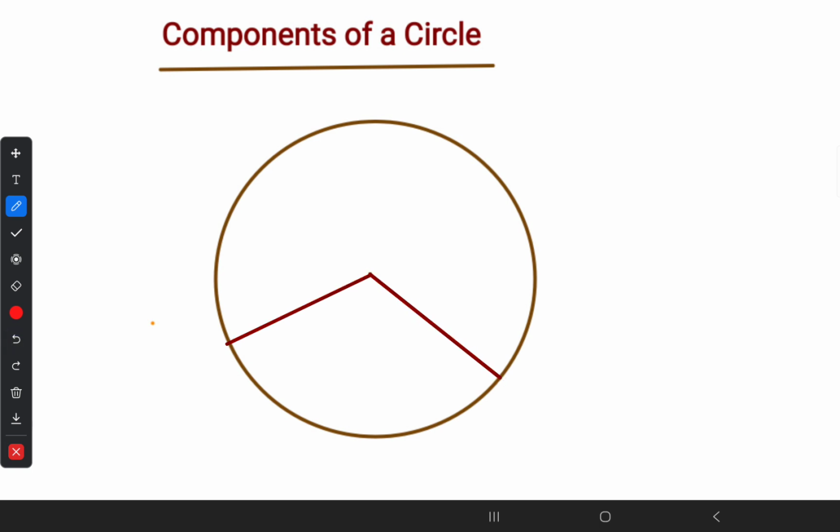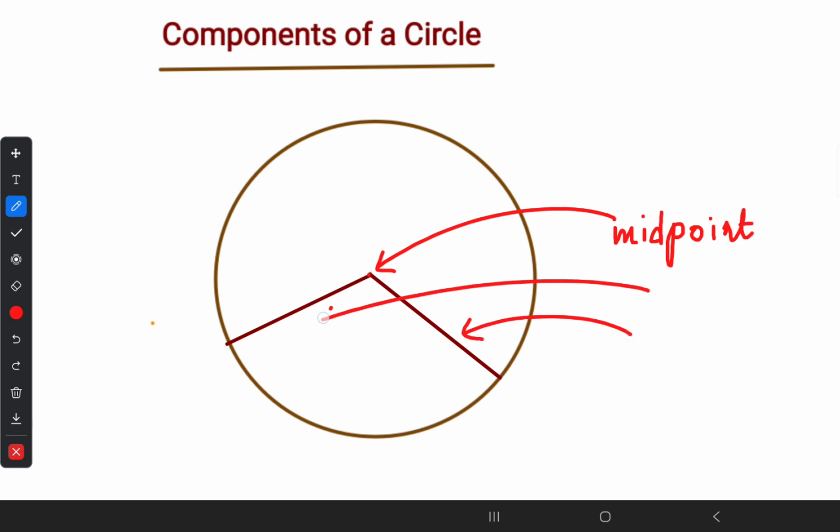These radii will truncate the total circle into two portions. So the major portion is called major sector. Before that, this is our midpoint and the other two lines denote the radii.